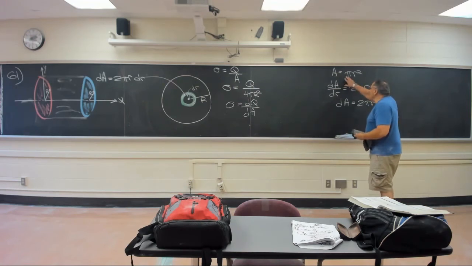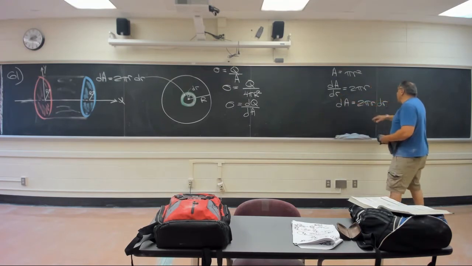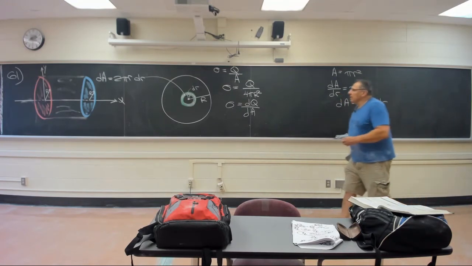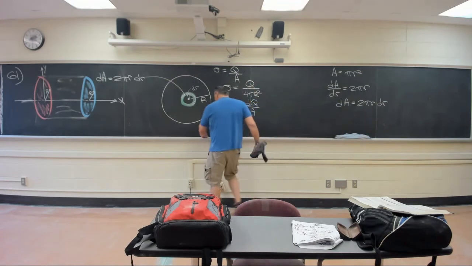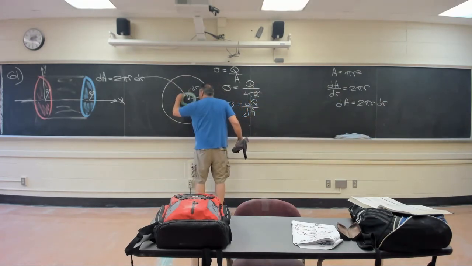A equals pi r squared, dA/dr is 2 pi r, dA is 2 pi r dr. So that's this area in green in its totality.